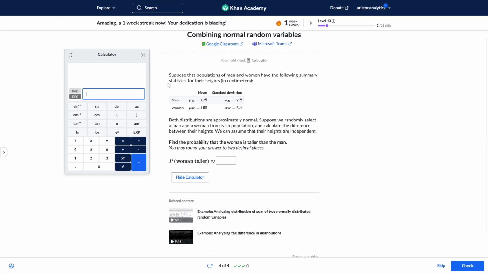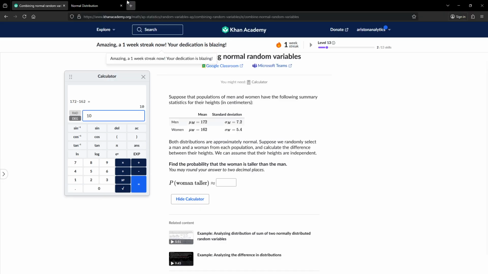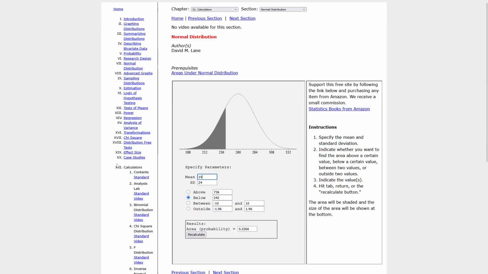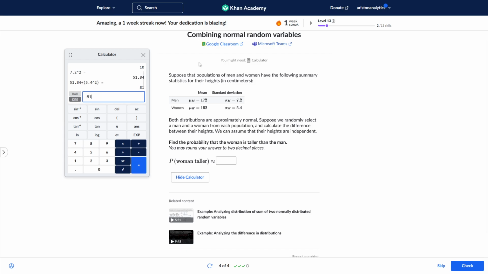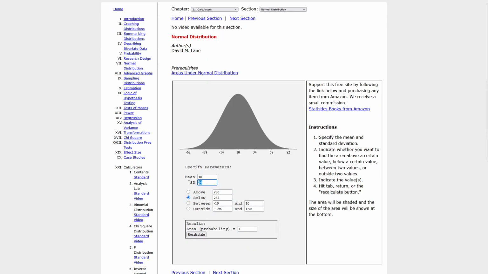Woman is taller than the man. Okay, so let's get the difference. Done. And 9 is the standard deviation.